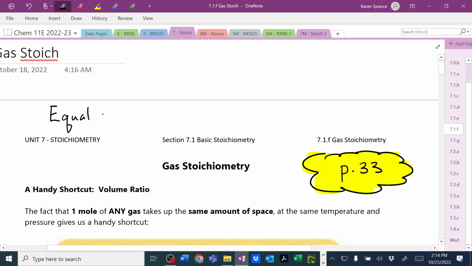Equal volumes of gases, what? Yes. At the same temperature and pressure, yeah.